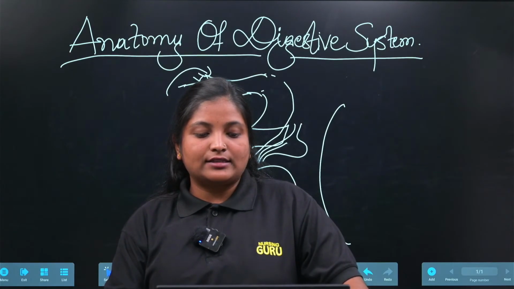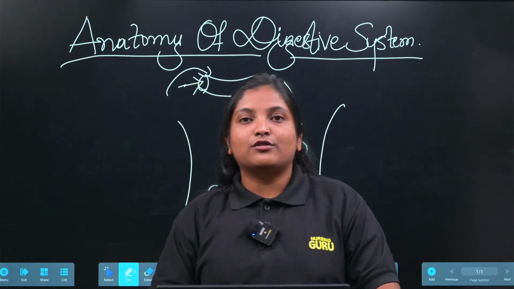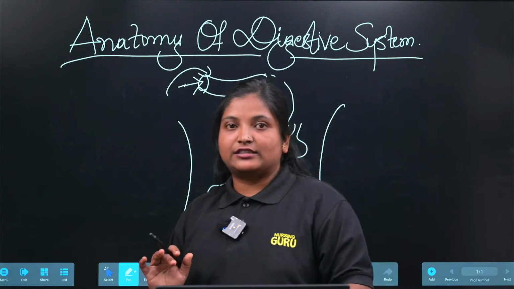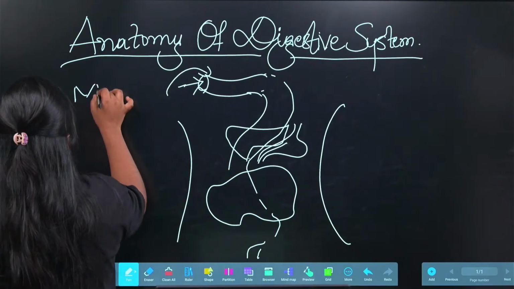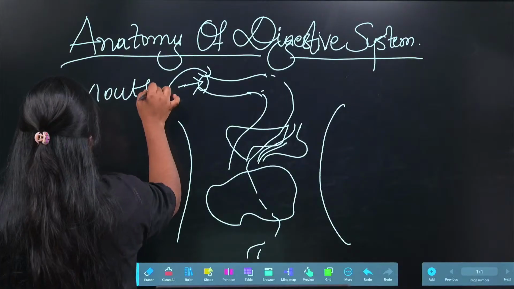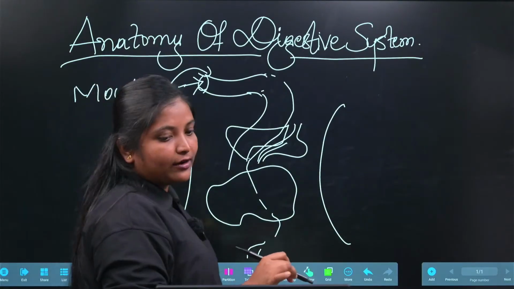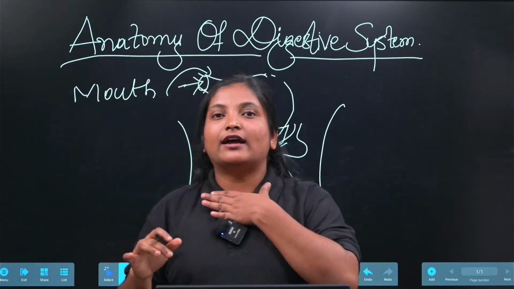Now we can see what parts are present in the digestive system. Here you can see the mouth. It starts from the mouth, as I already said. After that the pharynx.